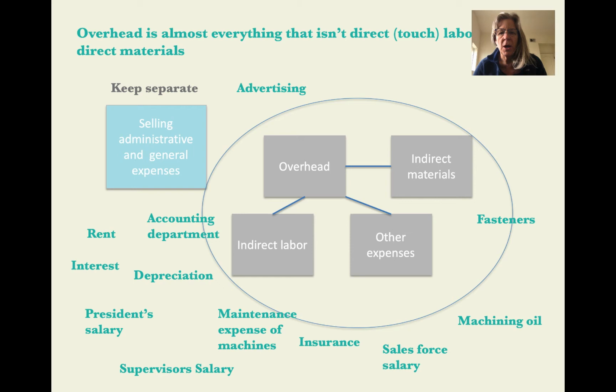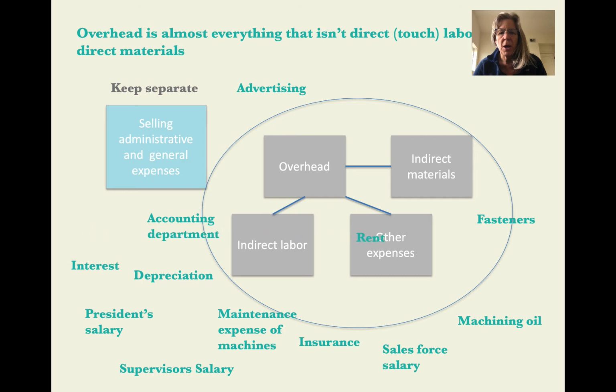So these various costs are things that might occur beyond direct labor and direct material. And our question is, where do they fall? So the general idea is that if it supports manufacturing or production of revenue associated with a particular product, then it needs to be included in an overhead allocation. If it has to do with a higher level management of the firm and selling and general and administrative expenses, it's kept separate.